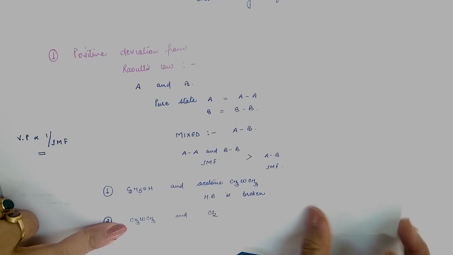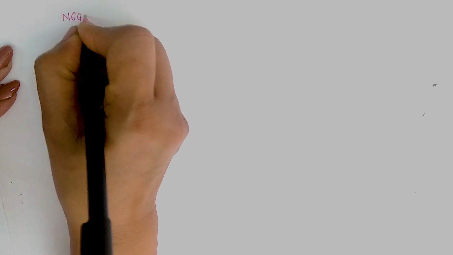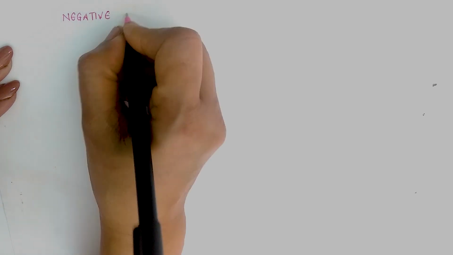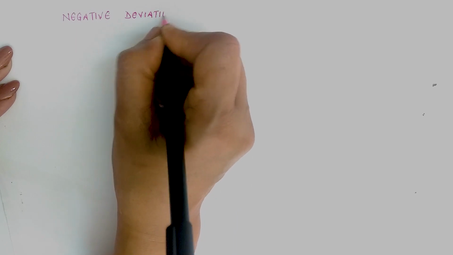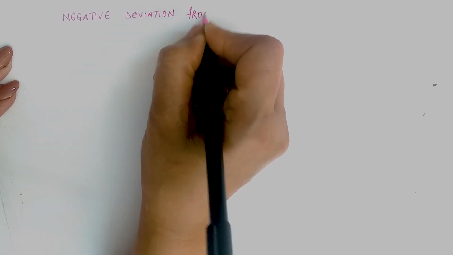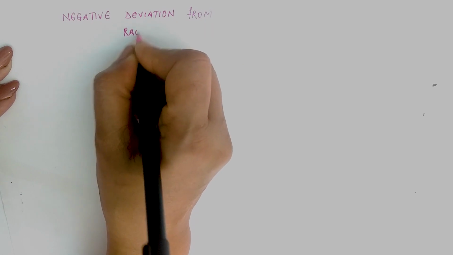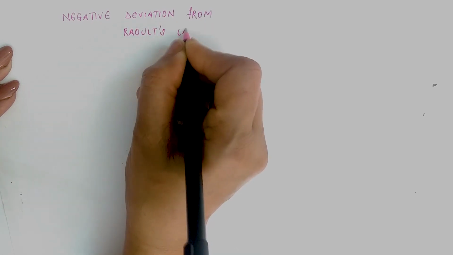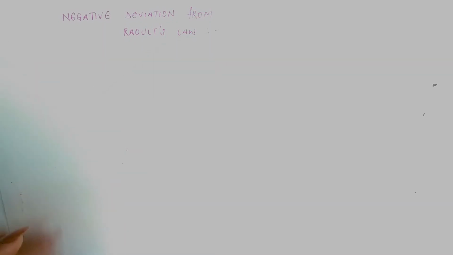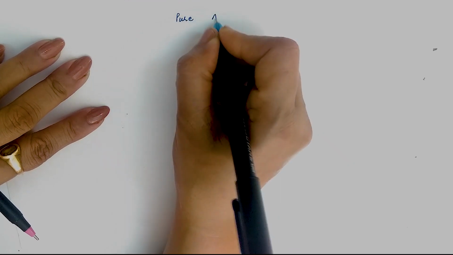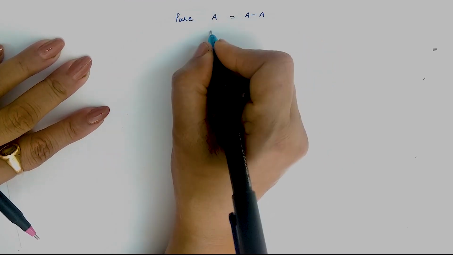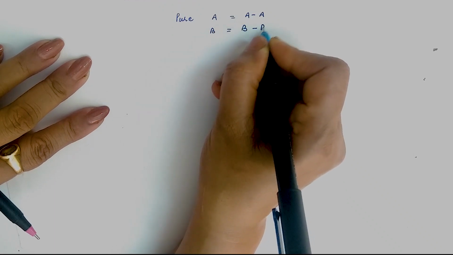Now the second case, it is the negative deviation from Raoult's law. Now the negative deviation, how will we deal with it? In this case, suppose in pure state, A has intermolecular forces AA and B has intermolecular forces BB.